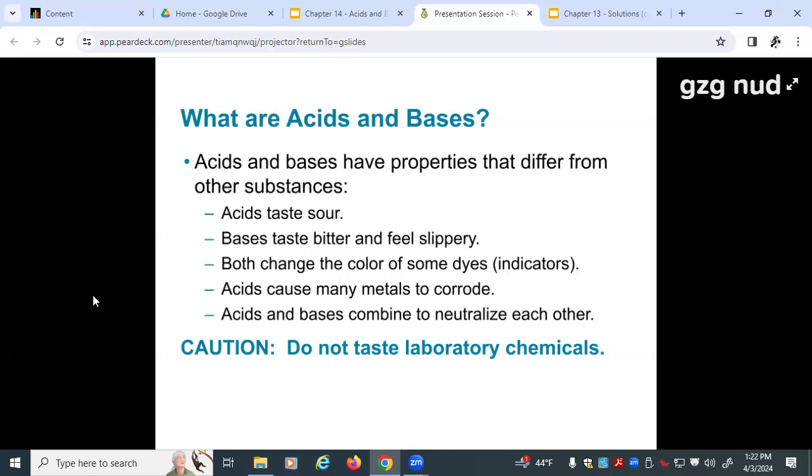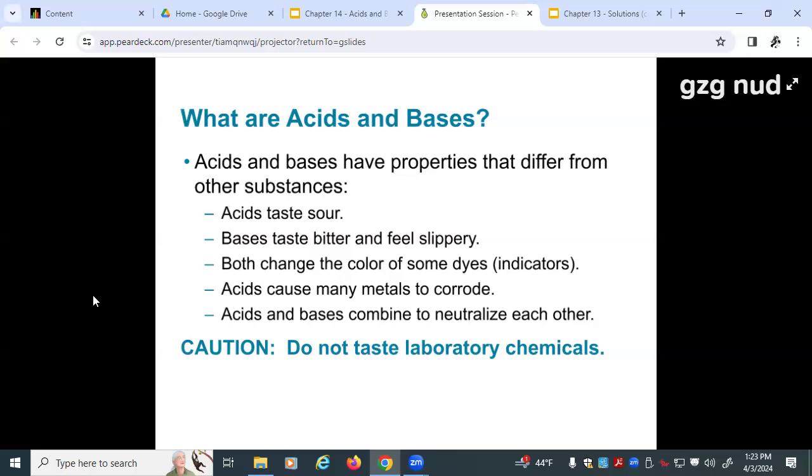Both of these substances will change the colors of certain kinds of dyes. We call those dyes indicators. We use them to indicate changes in pH. More on the pH scale on Friday. Many acids are very reactive towards certain types of metals and will cause those metals to corrode in small ways or in large ways.